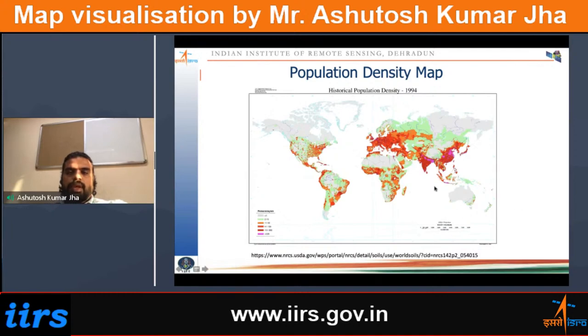As we see, there are areas with very high population density, but in the northern African continent there is very low population density. Similarly in South America, North America, Australia and other places as well. Mostly the northern areas have the highest population compared to the southern. So we can draw a lot of conclusions from this.